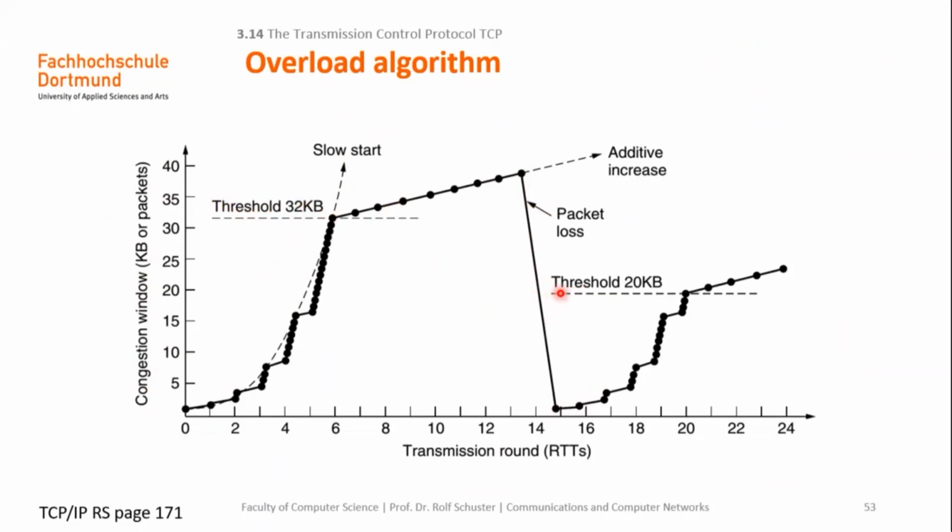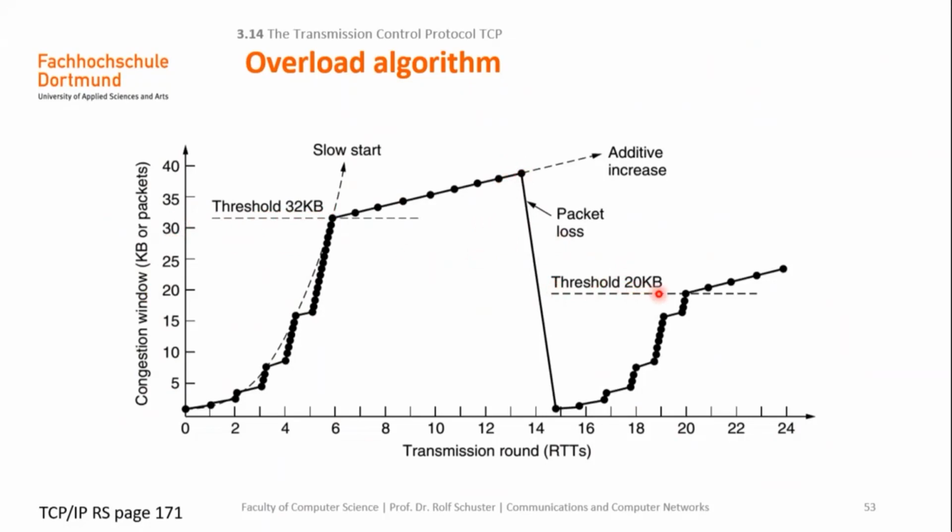For instance, in this case the SS threshold is set to 20. I don't know if it's K or the number of MSS. For instance, if the window was 40 MSS, then the SS threshold is set to half of 40, then 20 MSS.